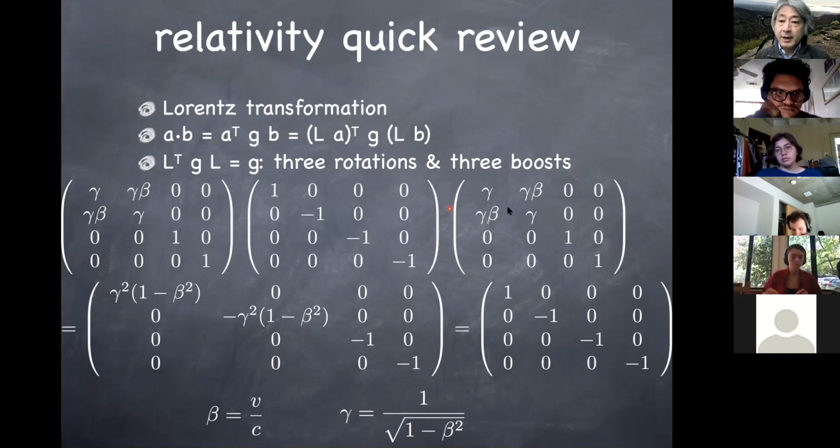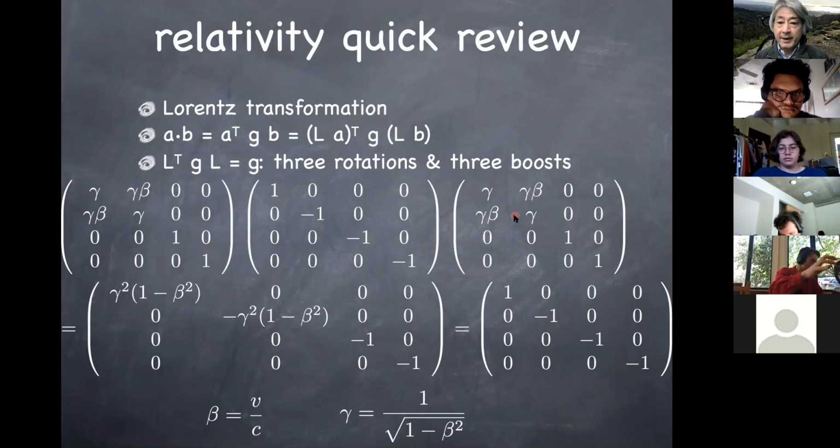And now we try to come up with an explicit form of the matrix by specializing to this X direction of the Lorentz boost. So Y and Z part doesn't do anything. So I'm only looking at this upper 2x2 block, which has to do with the time component and the X component.